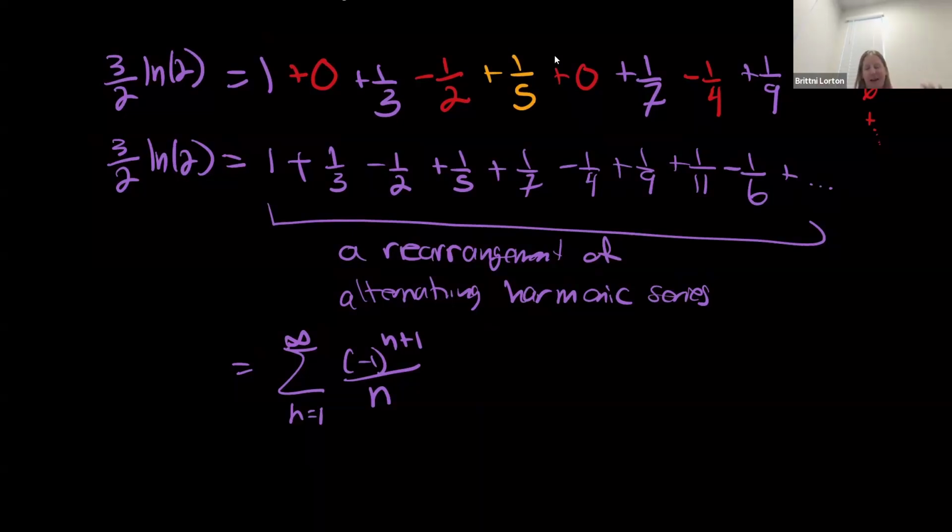It's an interesting thing to think about, and it comes down to conditional convergence being so important. You really want something to be absolutely convergent to get a single value. Conditional convergence is risky. All right, just thought that was cool. I know we didn't have time to cover that in class, so I hope that helps you see something interesting. Thank you.